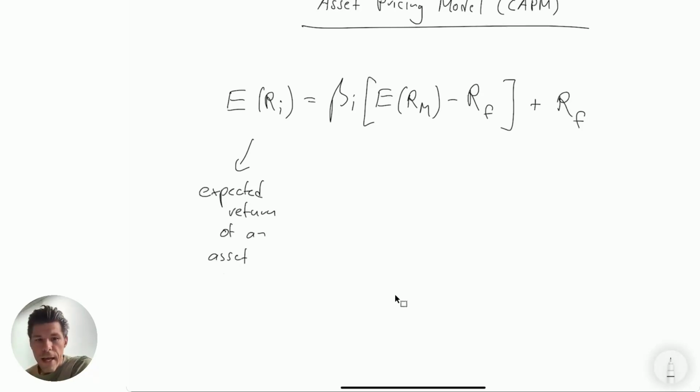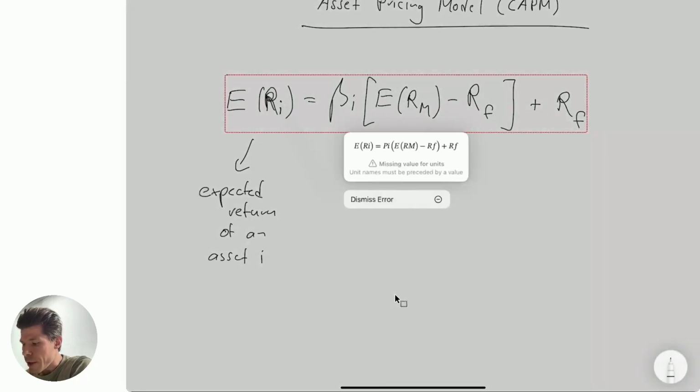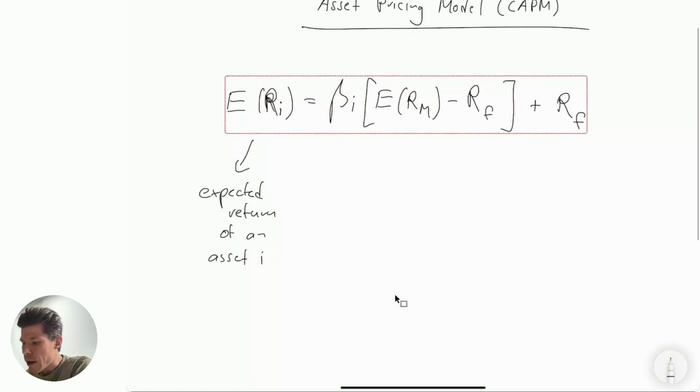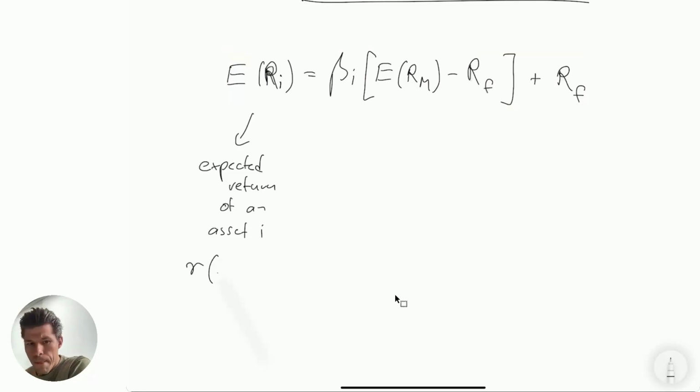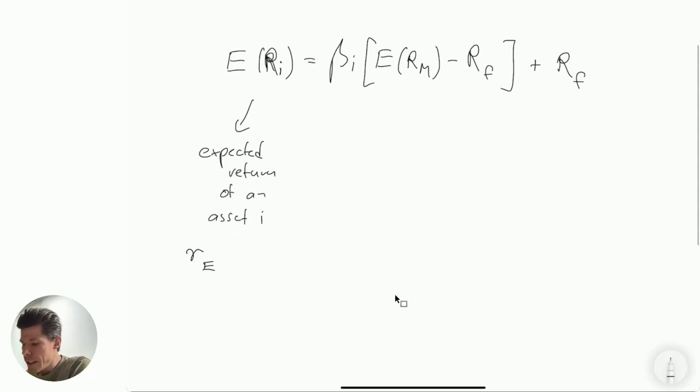Expected return of an asset E, that's why we call it RE, expected return E, also known as RE, return on equity.